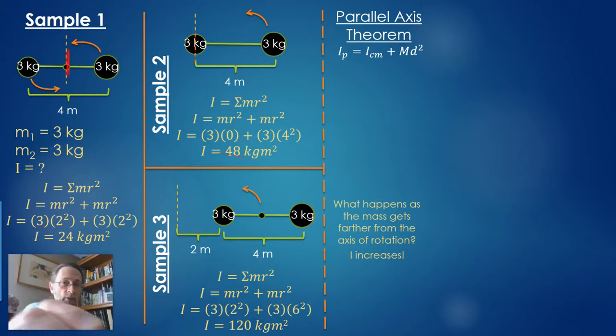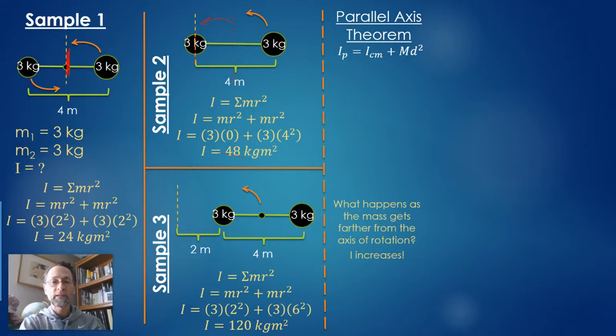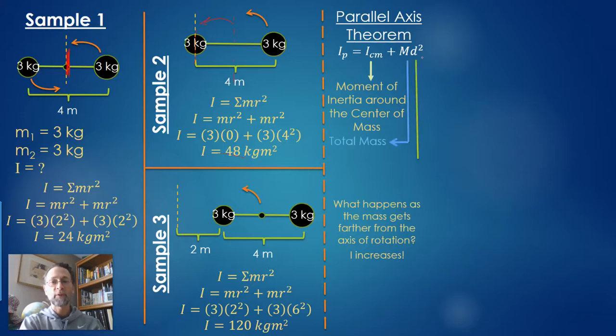Well, in the second one, we've moved that axis, watch my finger there, from this point over to that point. So now I can take the moment of inertia around the center of mass, which would have been the 24, and I can add to it the total mass, which is 6, times the distance that the axes are offset.